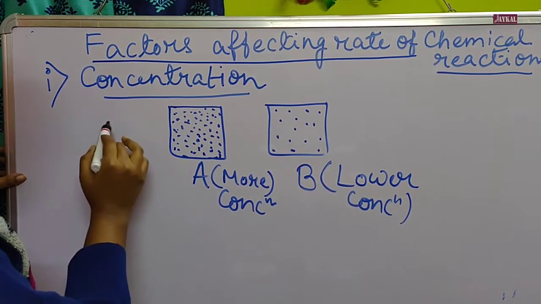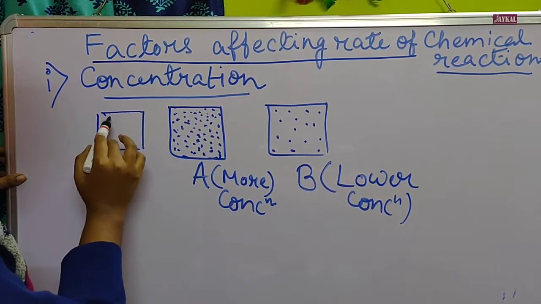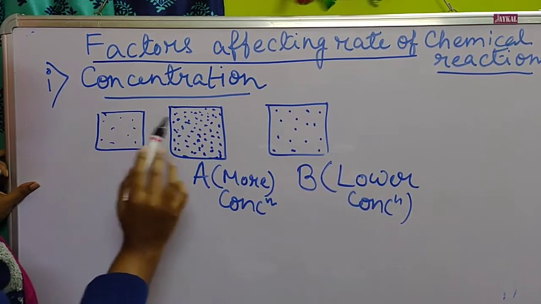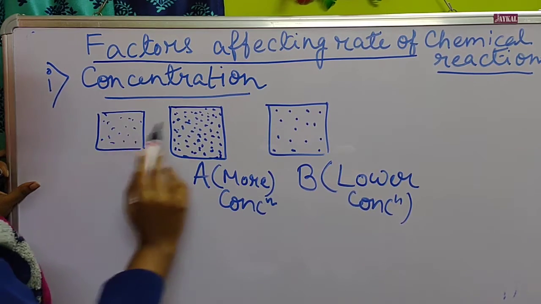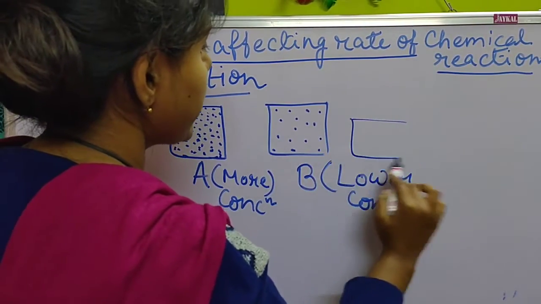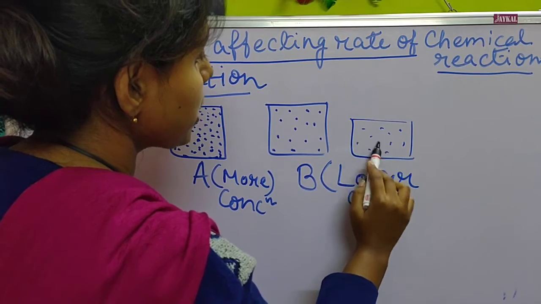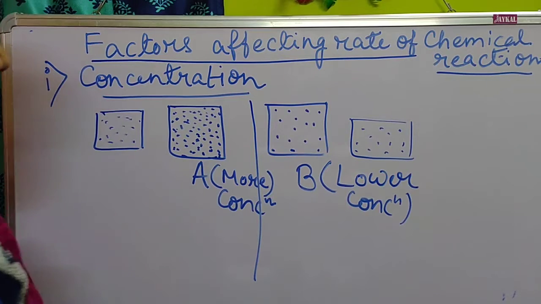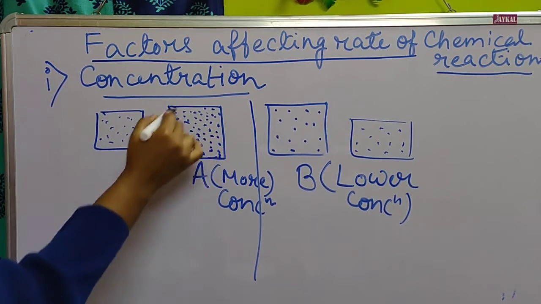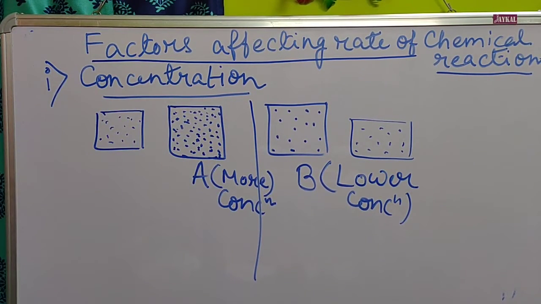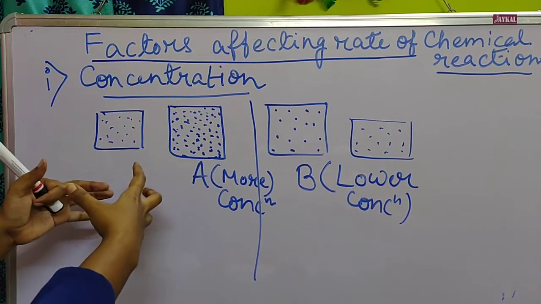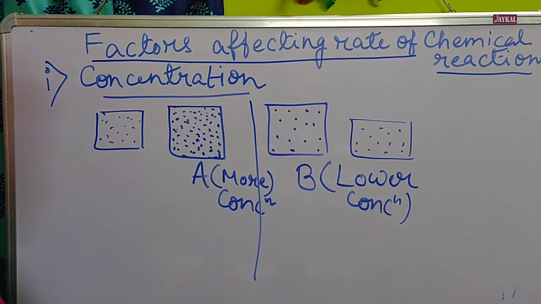Now we are mixing another substance with it, which has a fixed concentration, suppose. The same thing I am adding here also, having a fixed concentration. Now when these two are mixed with each other, as the number of molecules per unit volume is greater for A, a large number of molecules will collide with each other per unit time.